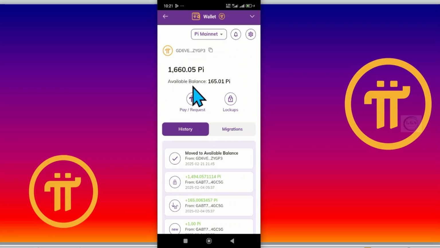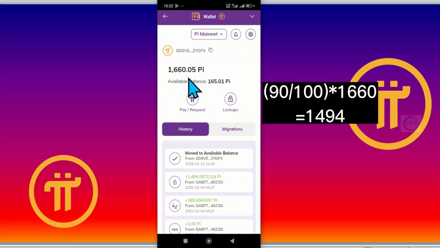So let's do the calculation. 90% of this 1,660 will be equal to 90 over 100 multiplied by 1,660, and that will give you about 1,494.